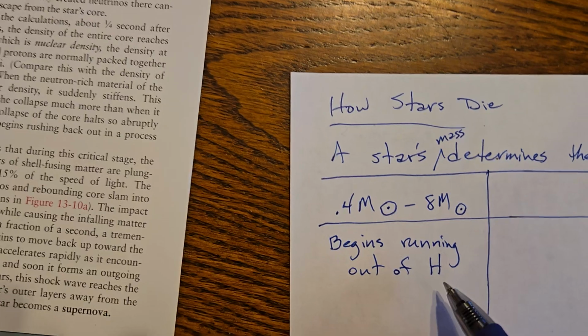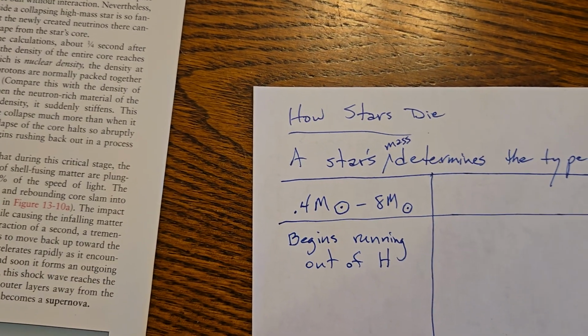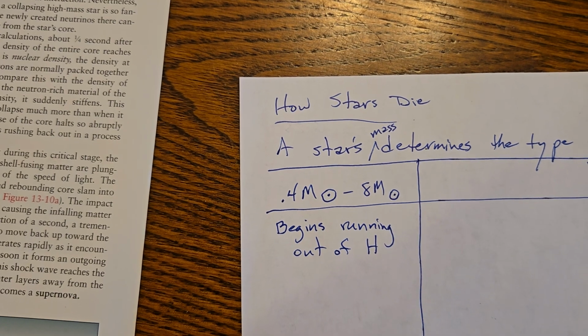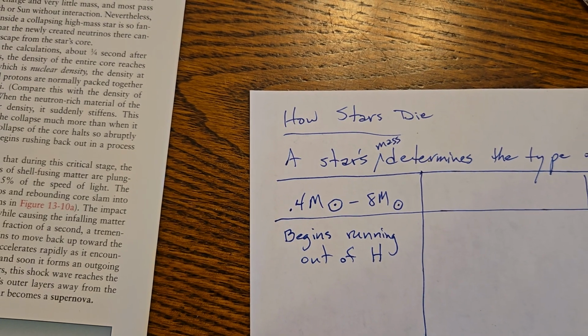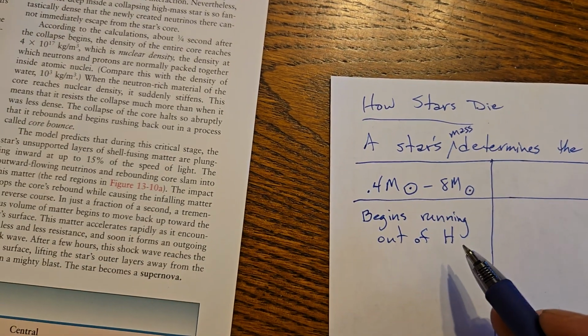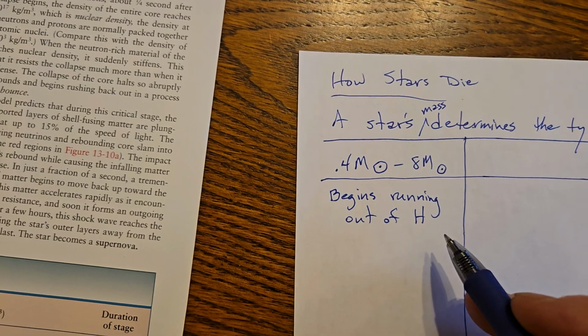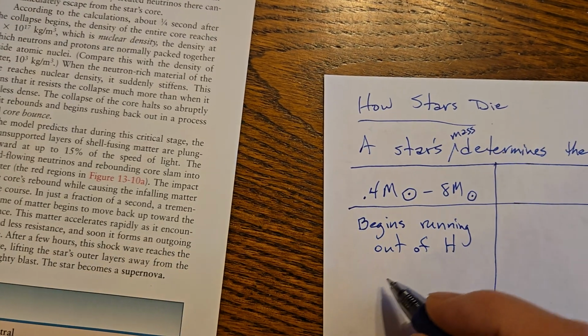Now, I didn't say it ran out of H. I said it's beginning to run out of H, which means think about a campfire. If you haven't thrown a log on it for a long time, eventually the fire starts to cool down and it's getting dimmer and redder. The same thing's happening to a star. Even though it's not combustion, when it begins running out of hydrogen, the temperature is going to start to drop.